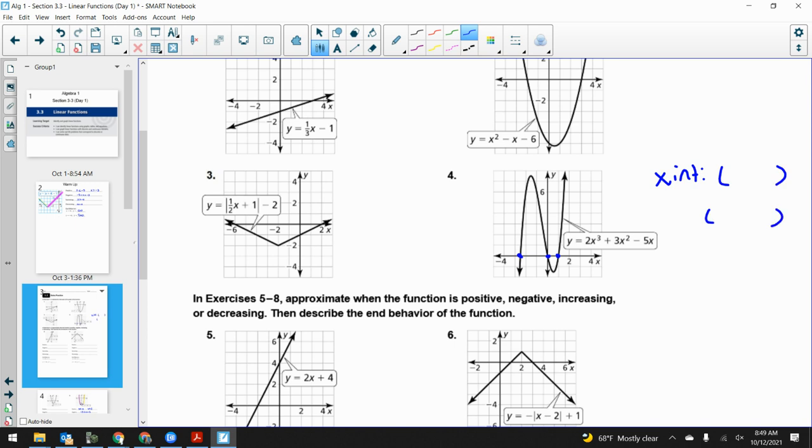Now remember, for x-intercepts, they always have a number, comma 0. This one looks like it's at -2.5. This one, right at the origin, 0, 0. This one, 1, comma 0.